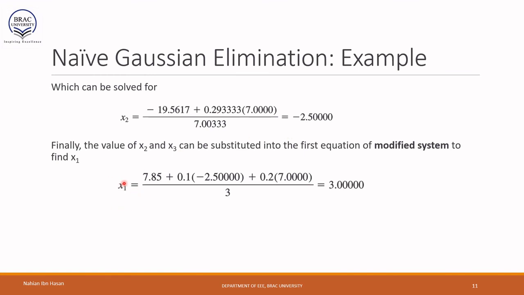In the first equation we have three unknowns, x1, x2 and x3, and we have already determined x2 and x3 from the last two equations, and we use those values in the first equation to determine the value of x1, which is 3. So in this way we can get all the unknown variables through back substitution, and we have got all the results of x1, x2 and x3.